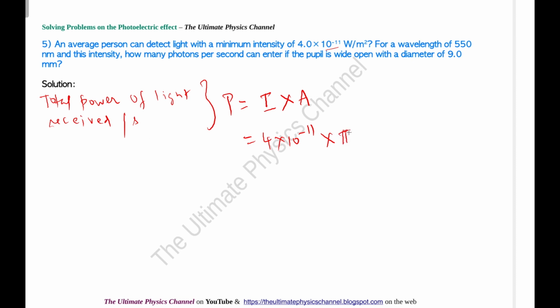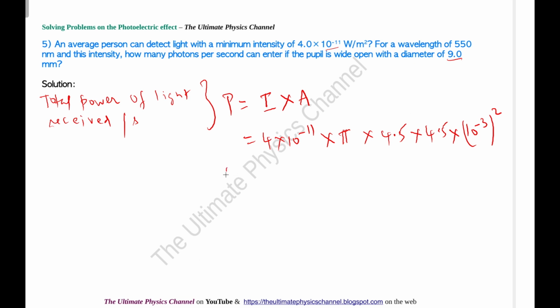So pi r square, let's say. Pi times radius, which is half of this 9, that is 4.5. R squared, so another 4.5. And it is in mm, so 10 power minus 3, and for squaring it, that would get 10 power minus 6 into that.